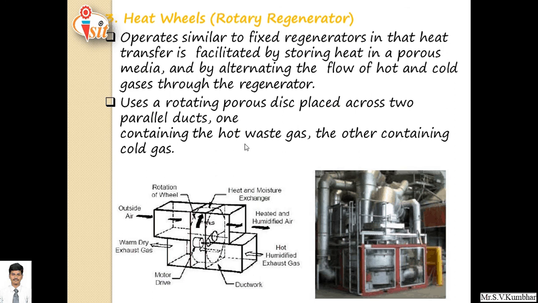Heat wheels, that is, rotary regenerators. These heat wheels or rotary regenerators operate similarly to fixed regenerators in that heat transfer is facilitated by storing heat in a porous media and by alternating the flow of hot and cold gases through the regenerator. A heat wheel uses a rotating porous disc placed across two parallel ducts, one containing hot gas, the other containing cold gas.